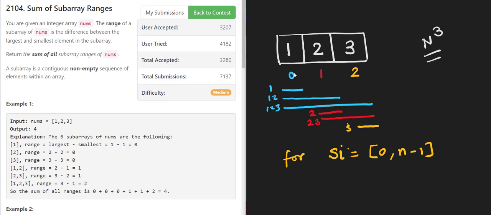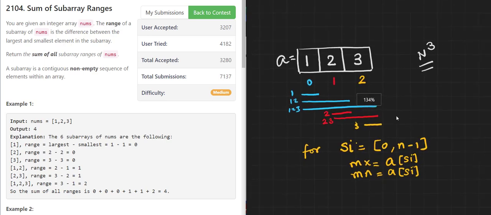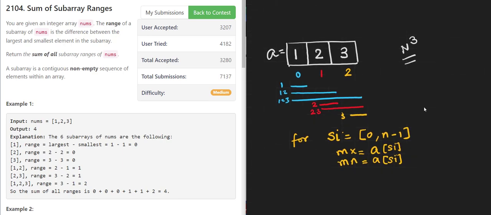So let's take, if the array is named A, we all know that with size one, the maximum will be A[Si] and the minimum will also be A[Si]. So we consider the current element to be the maximum as well as the minimum. And from this point onwards, we start expanding it to size 2, size 3, and so on.